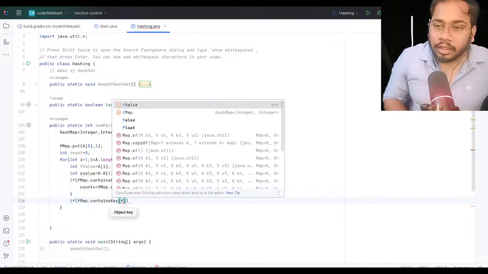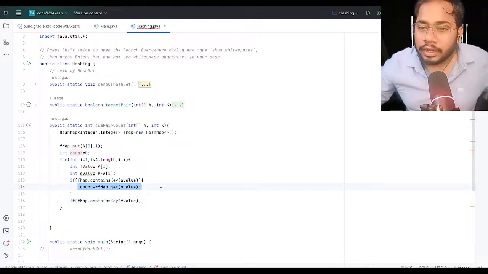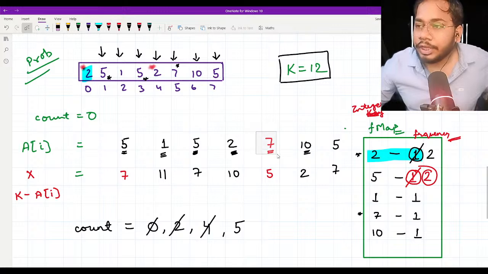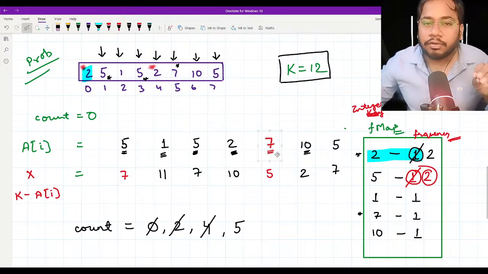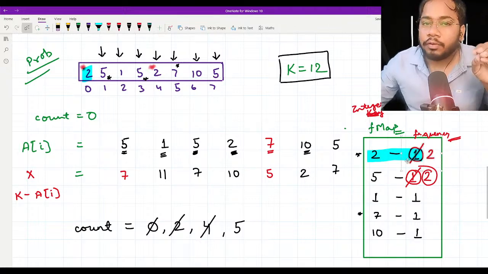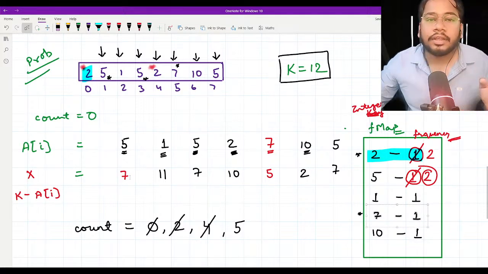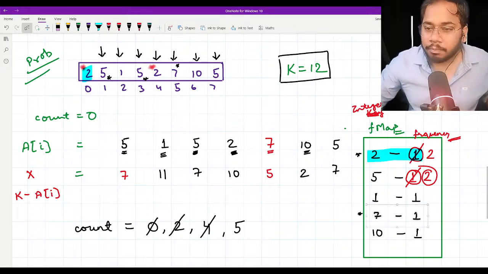After incrementing the count, each value has to be put in the frequency map. If it is present, you increment the count. If it is not present, you make a new entry. That is simple.